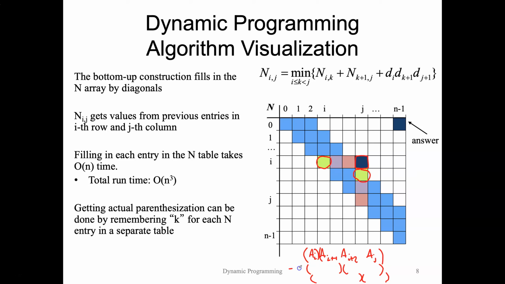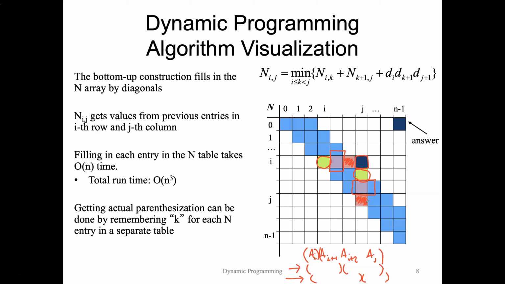Or if we split here instead, here's the cost to form the left matrix, plus the cost to form the right matrix, plus the product of their dimensions. Or in the last case, if we split right after i plus 2, then here's the cost to form the left matrix. This is starting at i and going all the way up until i plus 2. Here's the cost to form the right matrix, plus the product of their dimensions.